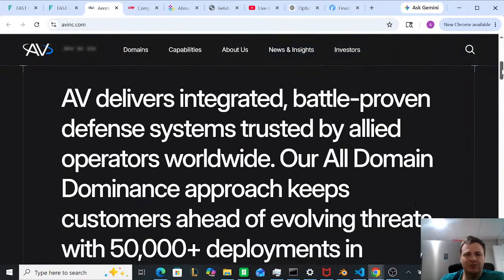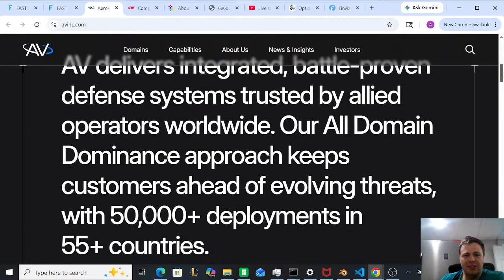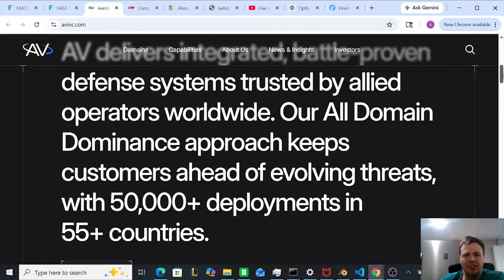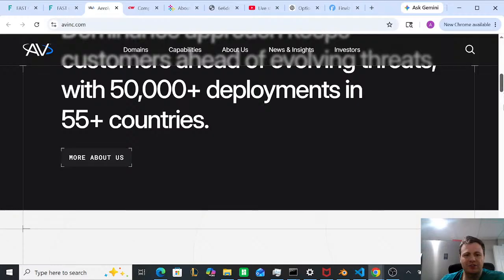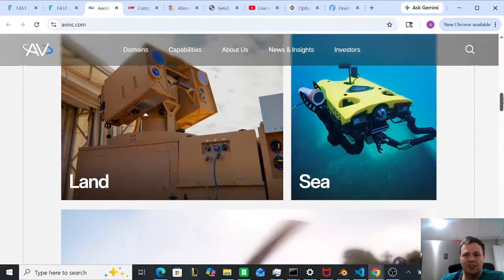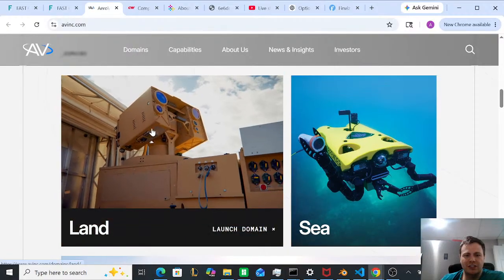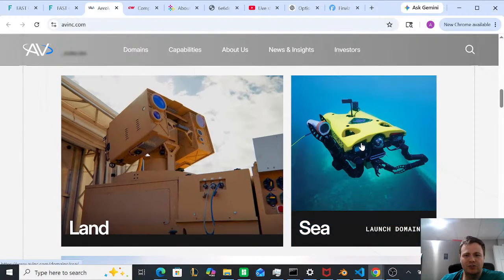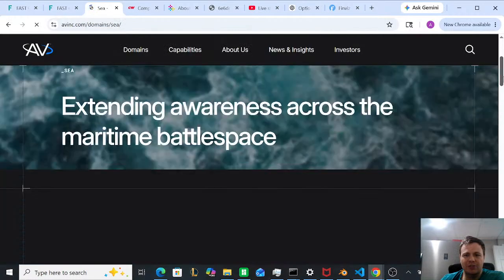Battle-proven defense systems trusted by our allied operators worldwide. Our all-domain dominance approach keeps customers ahead of evolving threats with 50,000 plus deployments in 55 countries. Here we've got their land, so it's drone defense. This is their lasers that shoot down drones. We've got sea, where they have a drone submarine.